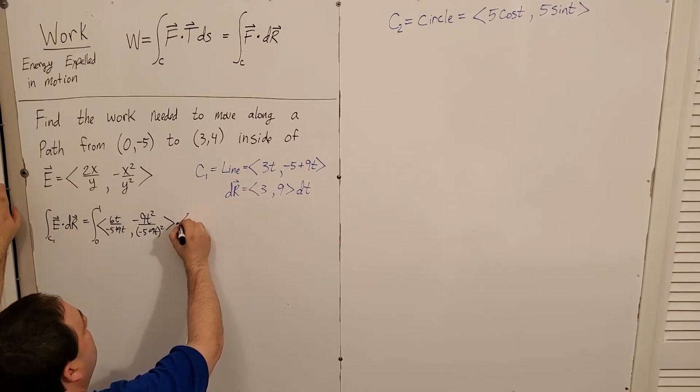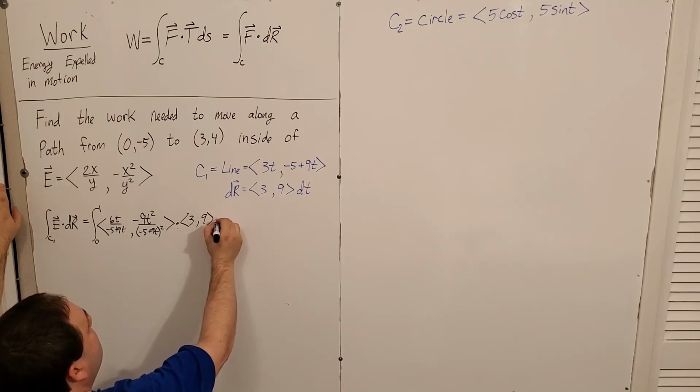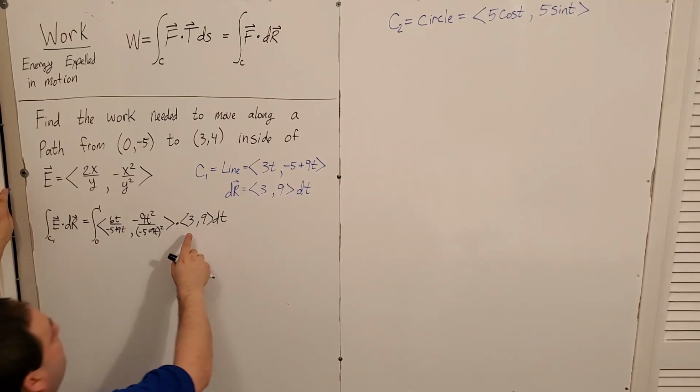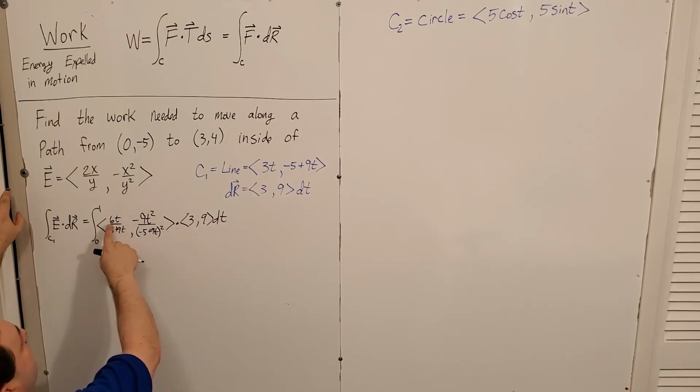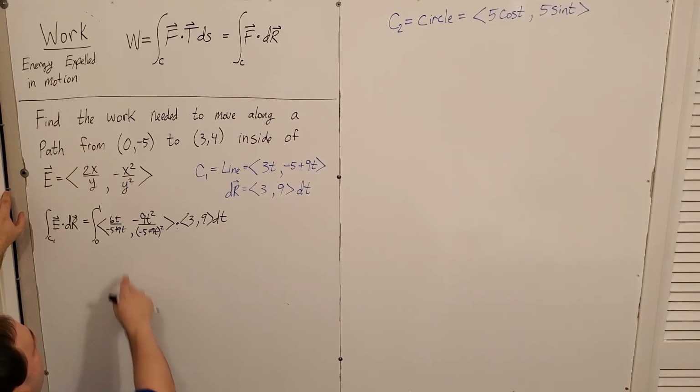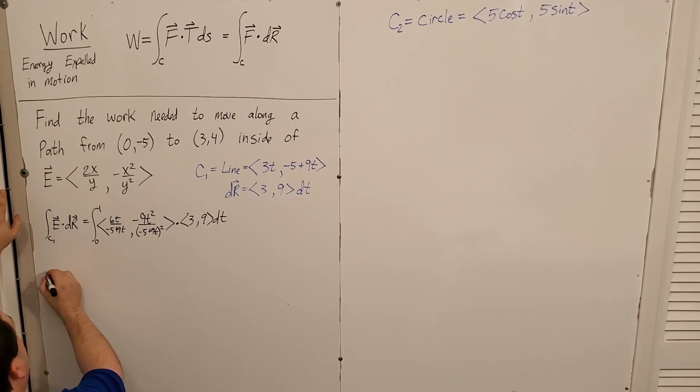So I've got 3, 9 dt. And I'm just dotting these now, right? So I've got 3 times the 6t, and I've got 9 times the -9t squared, and the denominators are still there, and I'm just going to be adding this up, right?